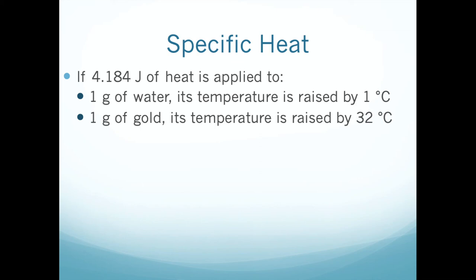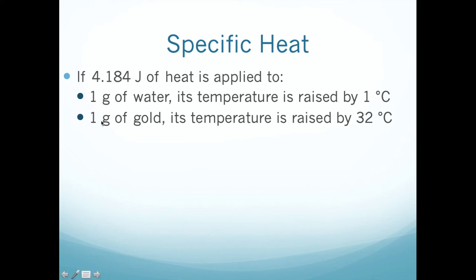A similar example here is if we gave 4.184 joules of heat to a gram of water, the water's temperature would rise by 1 degree Celsius. So if you had 25 degrees Celsius water and gave it 4.184 joules of heat, the temperature would rise to 26 degrees Celsius.